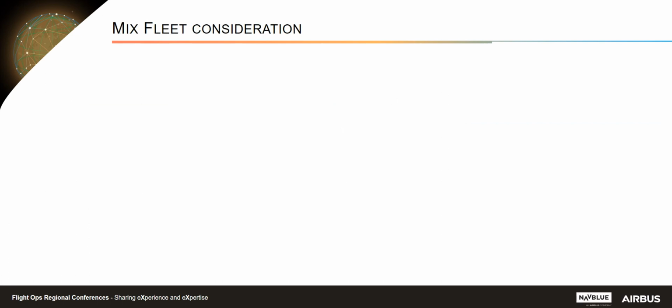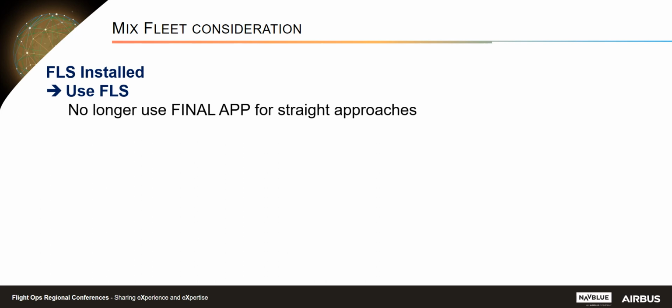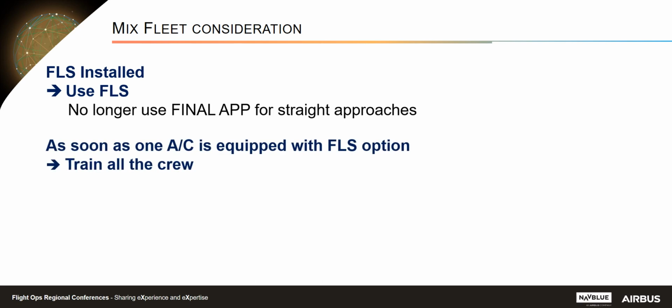Concerning the mixed fit, when you have aircraft with XLS and others without, this is particularly the case when you will receive new A320 with the option. A recommendation is to use FLS when the function is embedded and no longer use FINAL APP for straight approaches. As soon as one aircraft of your fleet is fitted with the FLS option, we recommend you train all the crew to the function.